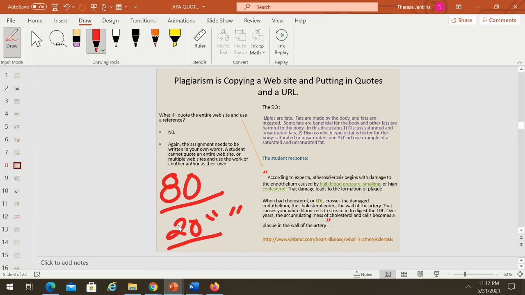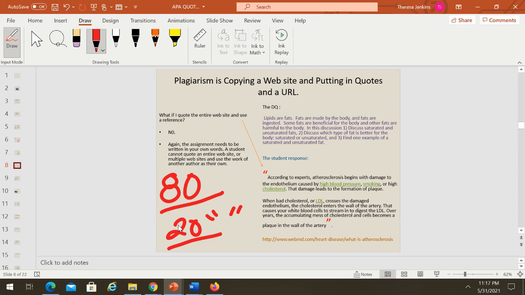Now, APA has specific formatting for quotations over 40 words. So please keep it simple when you are writing. Only quote 1 or 2 sentences at the most. Do not quote full paragraphs, and please do not quote more than 40 words, because then you are going to be responsible for knowing these advanced levels of APA, okay?